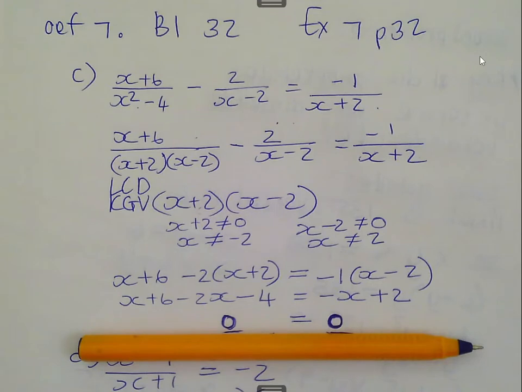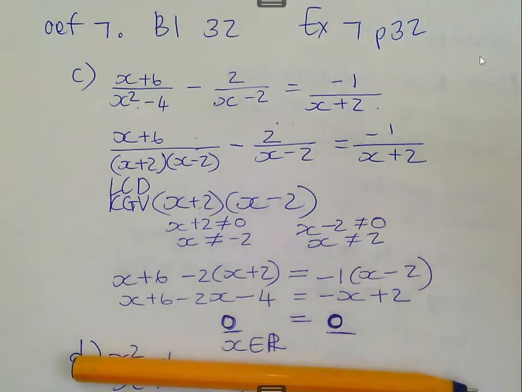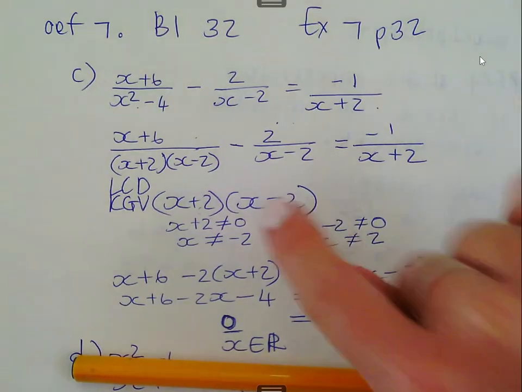So what is 0 equal to? 0 is equal to 0. It's true what it says there. Okay, that's true. Now when that happens, we are going to say x is an element of real numbers. That means x can be anything, because it's going to cancel itself out.